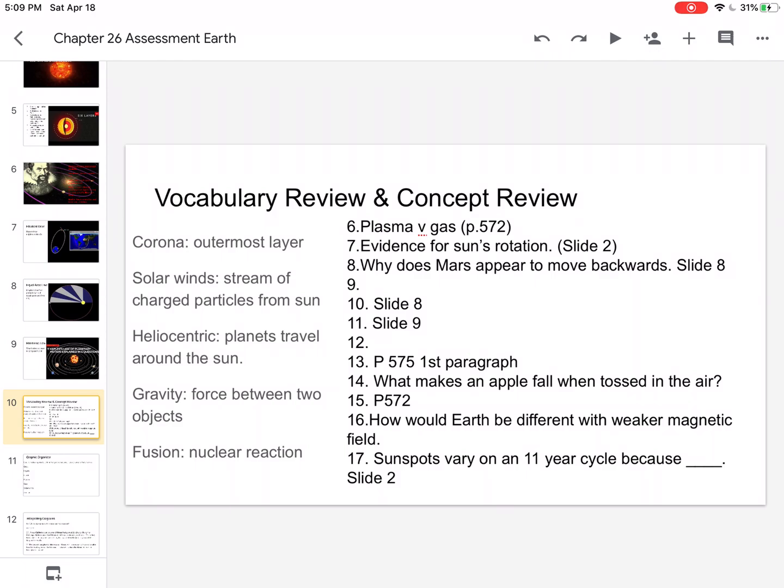The average speed of the coronal solar wind is 450 kilometers per second. How long does it take a particle in such a wind to reach Earth? Wait, that's 13, my bad. 12, let me go back. No, wait. All right, actually, we're good. I'm sorry.